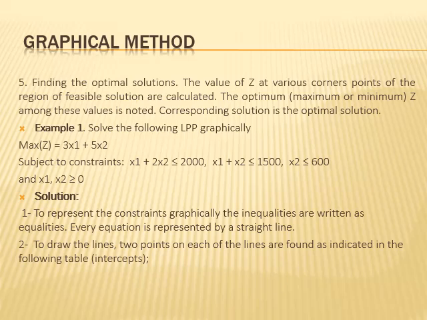Referring to the previous slides, let us add the last step, step 5, finding the optimal solution. The value of Z at various points of the region of feasible solution are calculated.